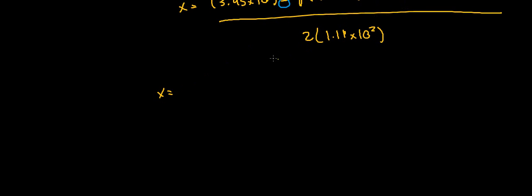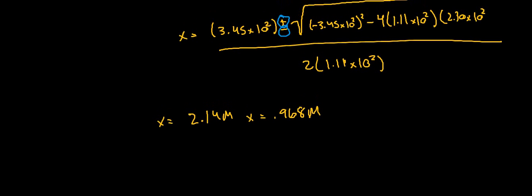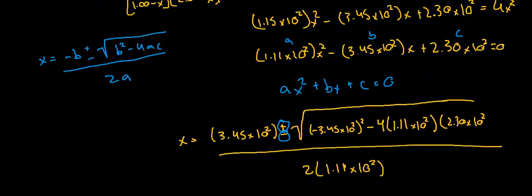When I do this whole thing, x is equal to, I got 2.14 and also 0.968, and this is molar. Now to figure out which one of these is correct, normally it's pretty obvious which one is.